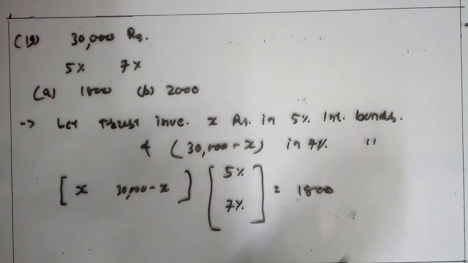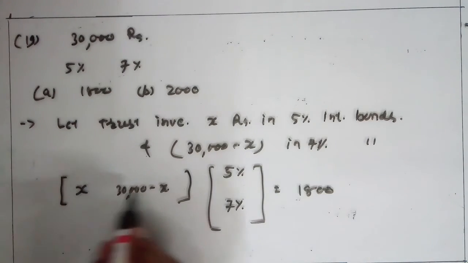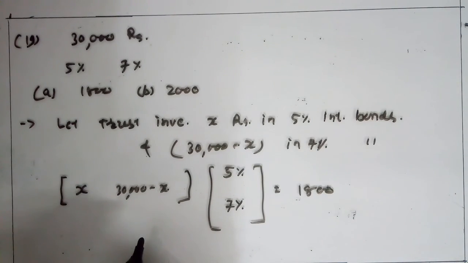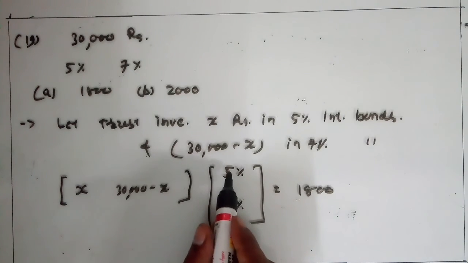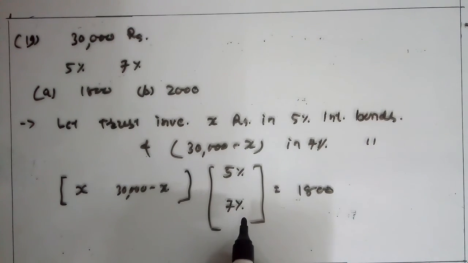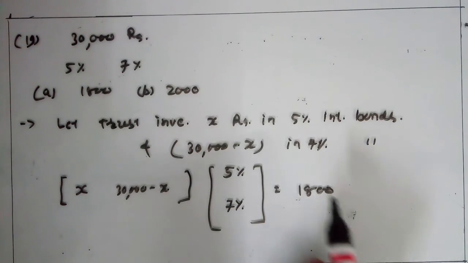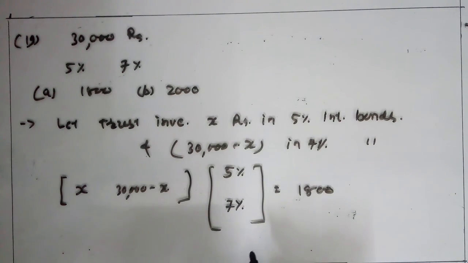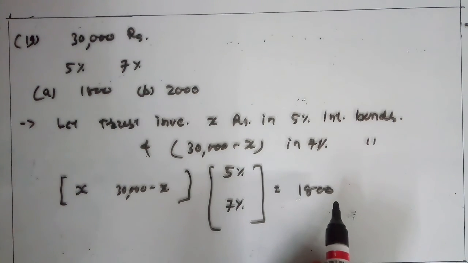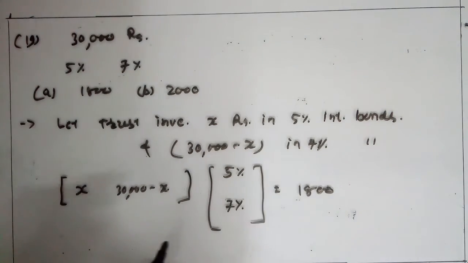Take the matrix multiplication of these two, compare with 1800, and we get the value of X. From X we get the second investment, 30,000 minus X. Here 5%, that is 5 upon 100, 7%, that is 7 upon 100. Clear? Just try to solve this yourself and get the investment in both 5% and 7%. Similarly, in place of 1800, replacing it by 2000, we get the second investment.